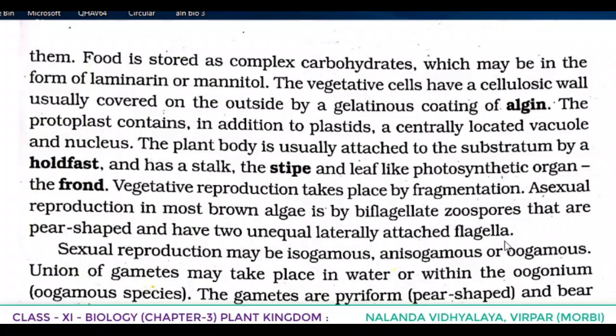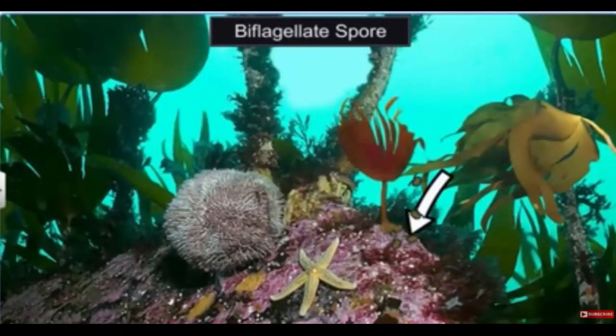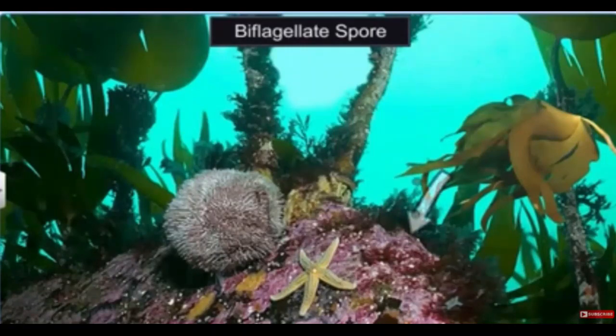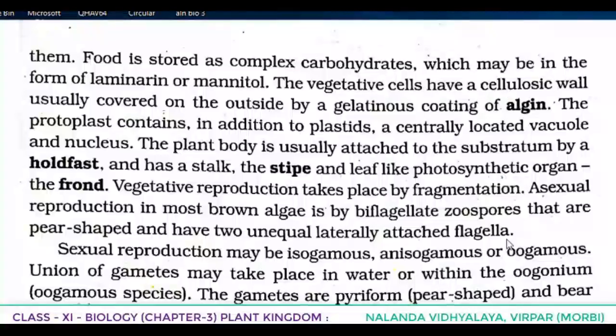So asexual reproduction is by spores, mainly zoospores, and they have two flagella, biflagellated and pear-shaped. These flagella are unequal and laterally attached, sidewise attached.